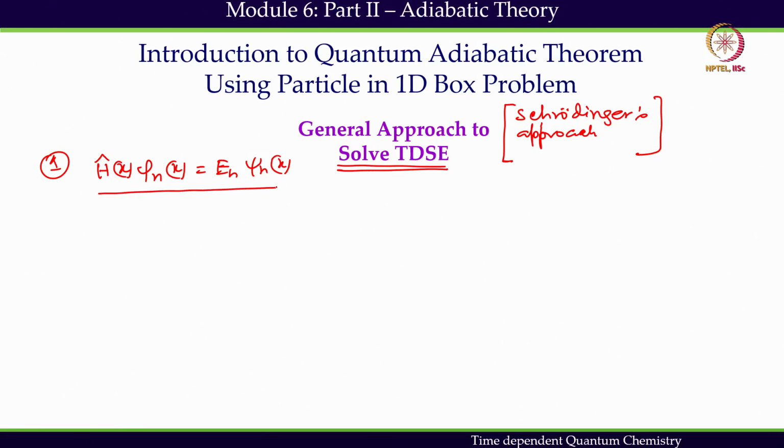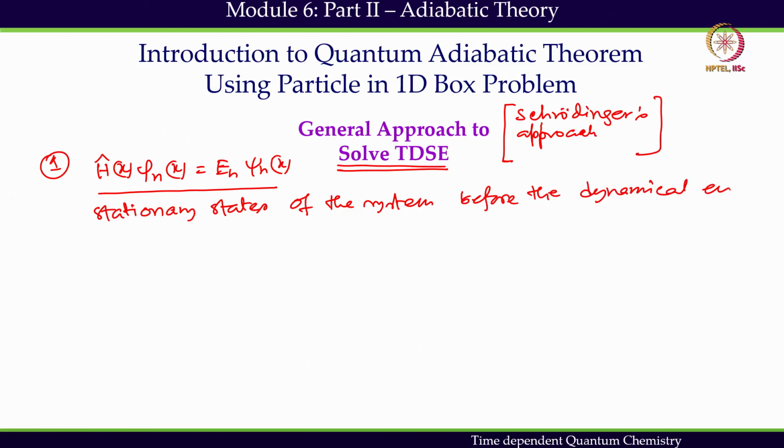By solving this TISE, I get stationary states of the system before the dynamical event is initiated, which means at t equals 0.